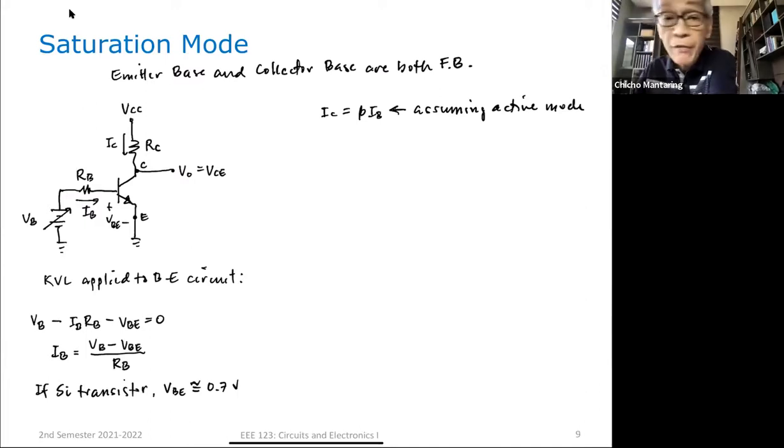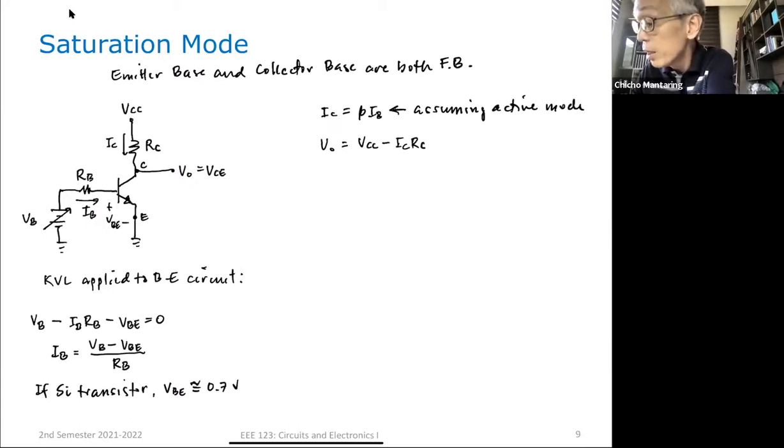Okay. And if I get the output voltage V sub O, this is applying incremental KVL. V sub O is just VCC minus the voltage across my collector resistor. This is equal to IC times RC.